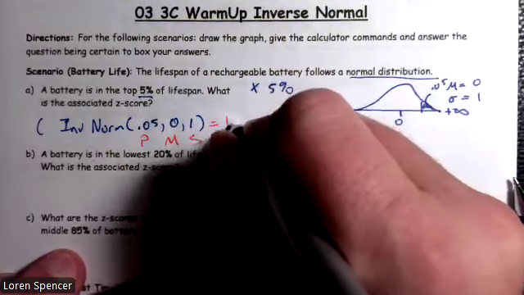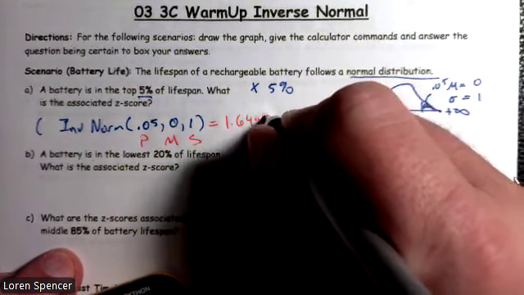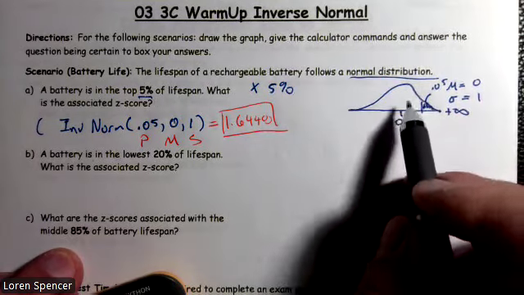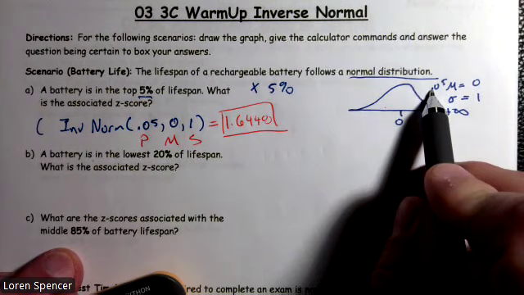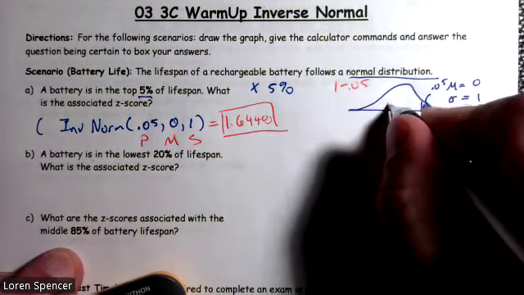Now, not all the calculators will give you the option of choosing the right-hand side. So for this problem, I'm going to do a quick review on what to do. All calculators will do the left-hand side even if they don't say so. Well, 1 minus 0.05 happens to be 0.95.